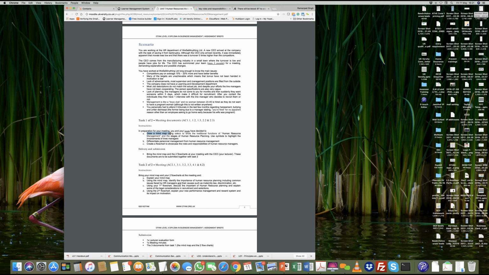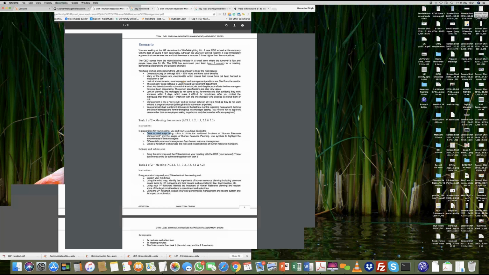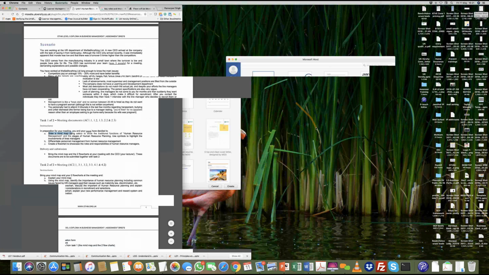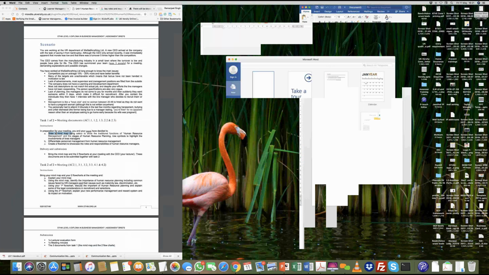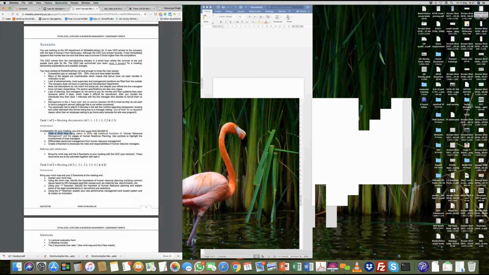So if I have to elaborate and show this to you, what we have to do very briefly in the assignment would be, first things first, it talks about drawing a mind map, and it says traditional functions of management.